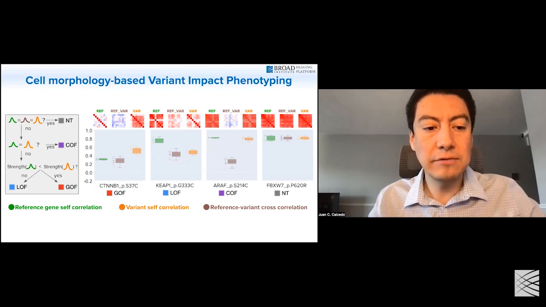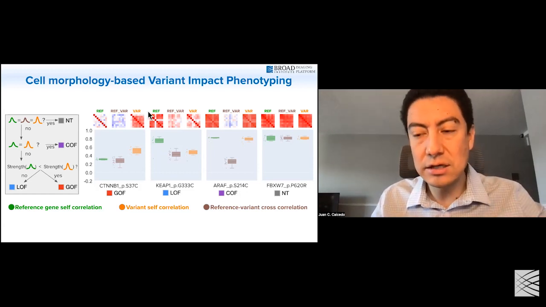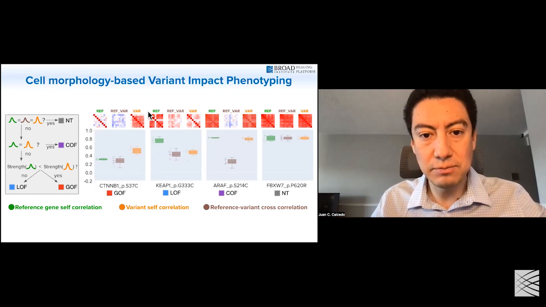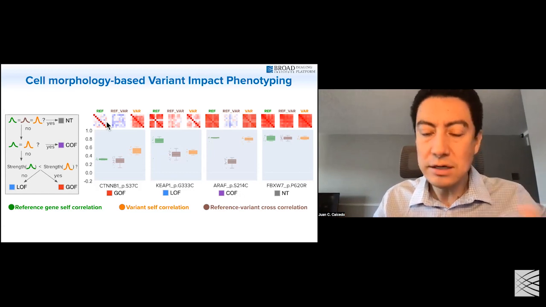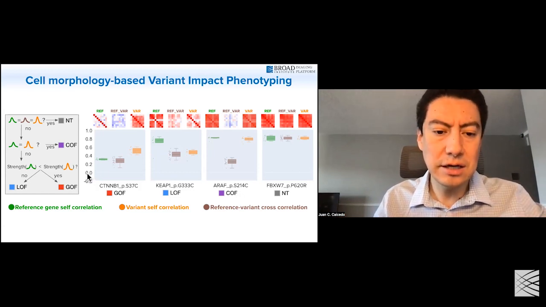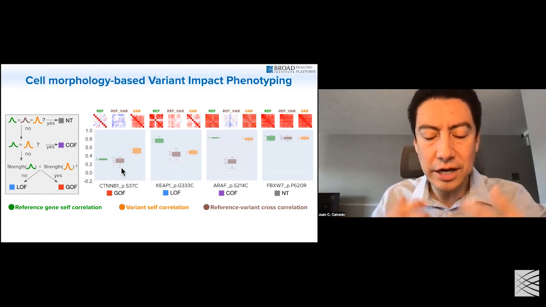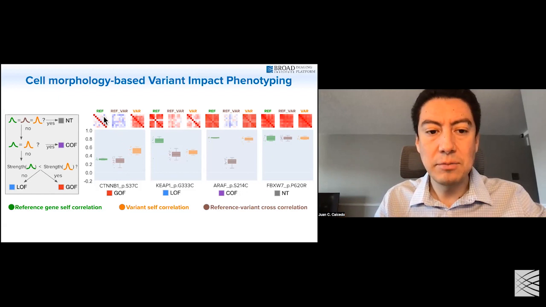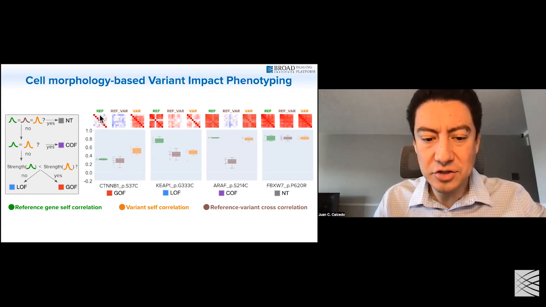So we are testing the same ideas here with morphological profiling. And basically, the basic idea here is that we have a distribution of correlations or similarities between replicates of the reference gene and replicates of the variant for that specific gene.